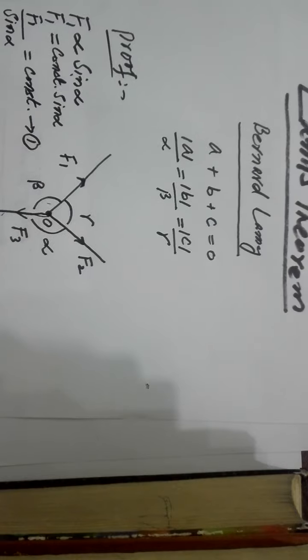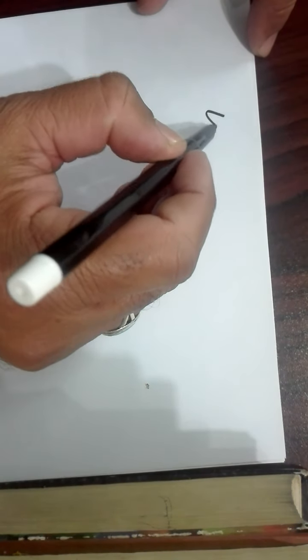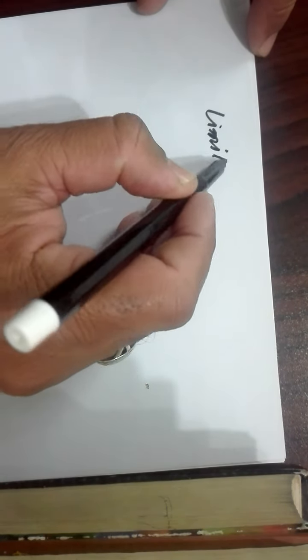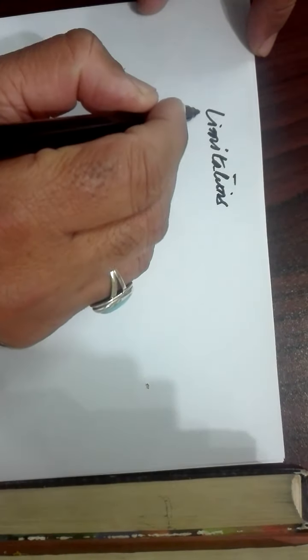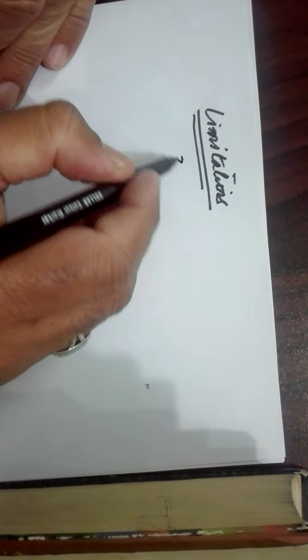There are some limitations of Lami's theorem. Now let us have a look at the limitations of Lami's theorem. Well, according to Lami's theorem, there should be only three forces.